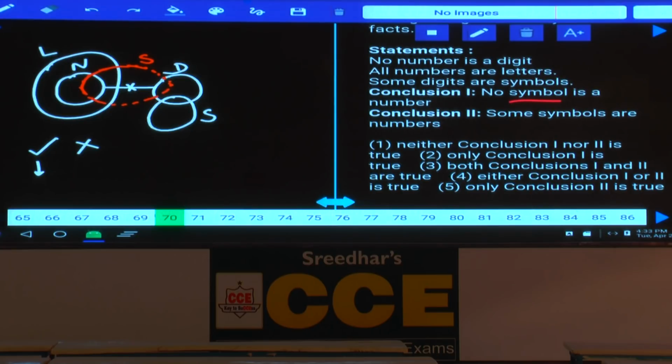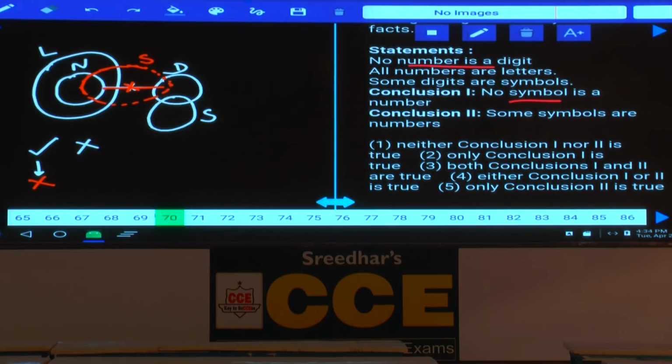Yes, where is the negative statement here? No number is a digit. Is that valid? All the statements are valid or not? Digit and number should not be intersected, but a symbol can be intersected like anything. Hence the alternate diagram is proven, and the previous conclusion will be false.